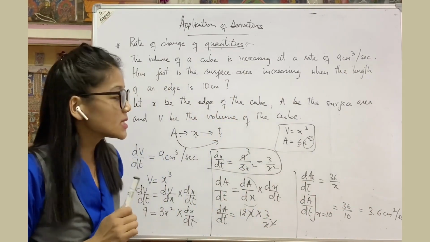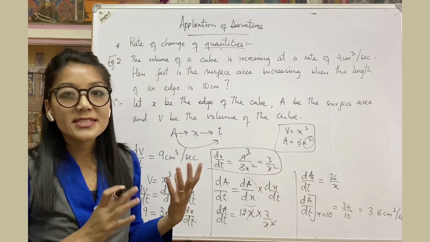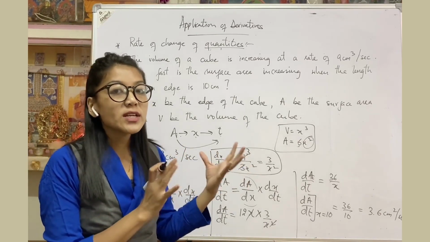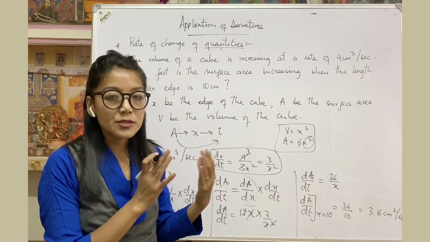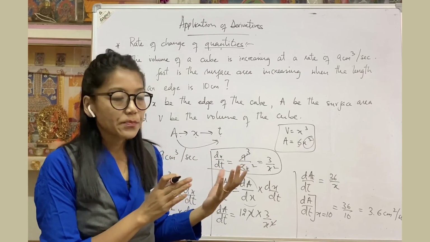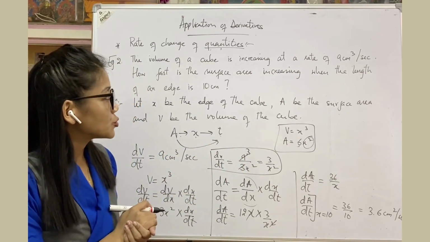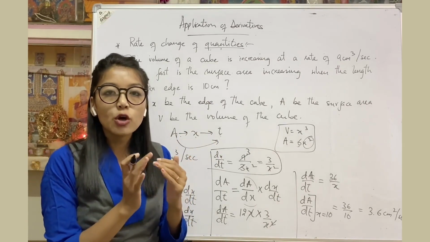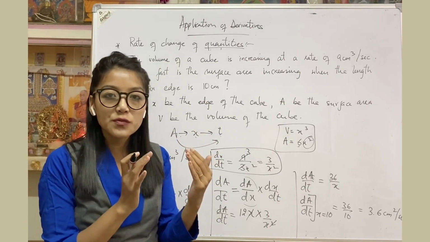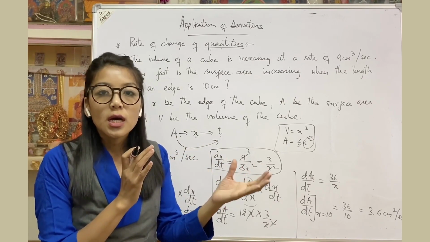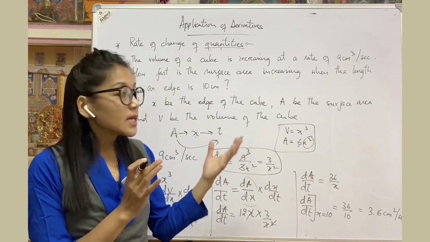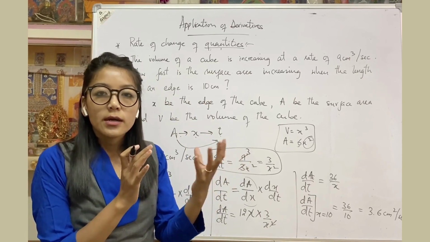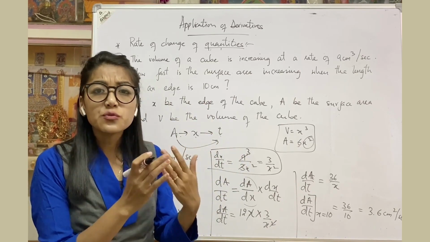Is that clear? So this is how you apply derivatives in finding the rate of change of quantities. We are taking all the mensuration quantities here. In the first example, we only found the rate of change of area with respect to radius, but in this example we took the rate of change with respect to time.